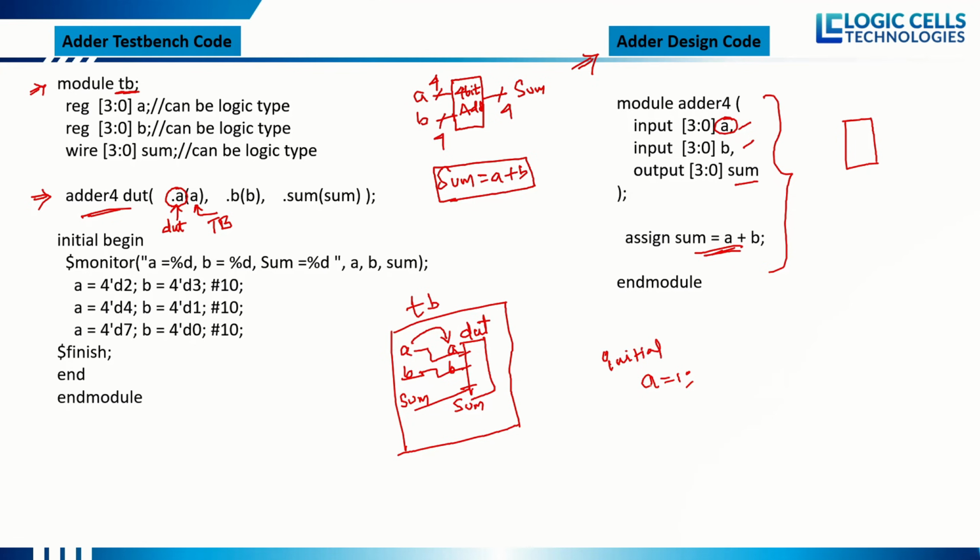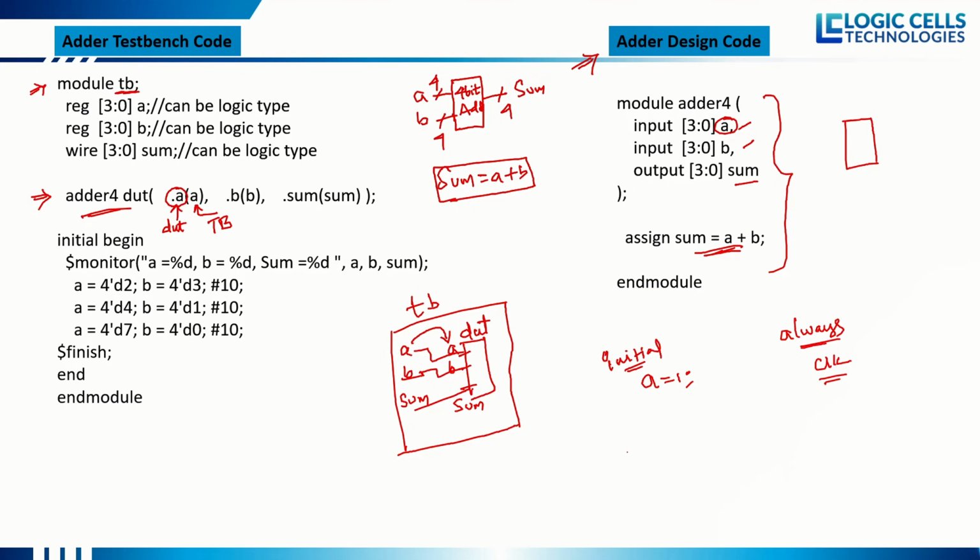Okay. Let's understand later why initial is used, when always will be used. How, when actually clock will come, how to handle clock, how to generate clock, all those become a part of the test bench in your sequential circuits. Let's understand that later. Now remember, you need to start providing values under initial.